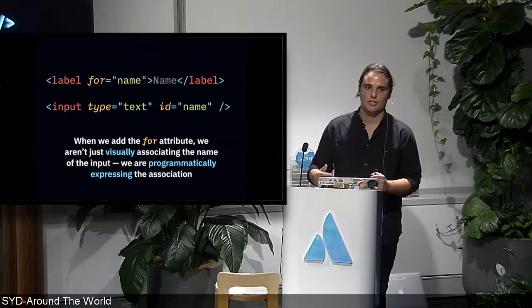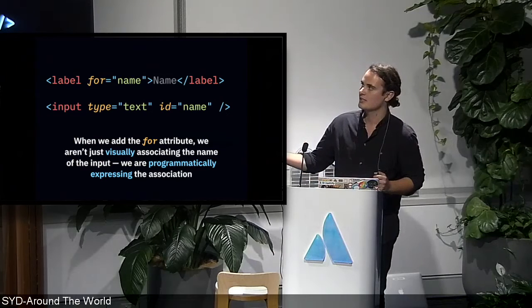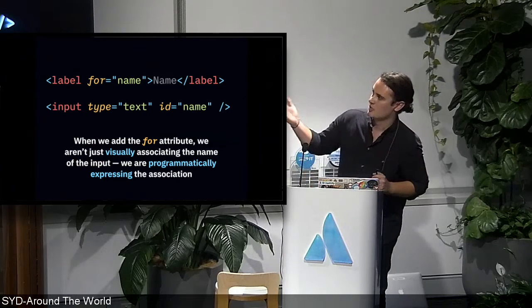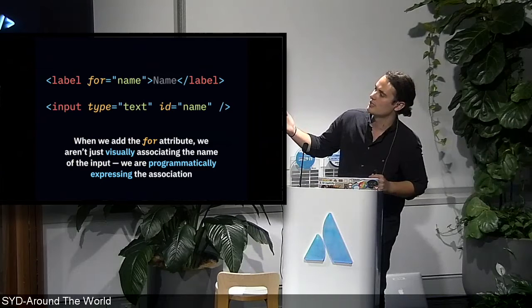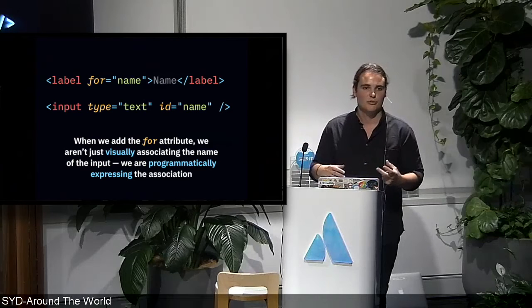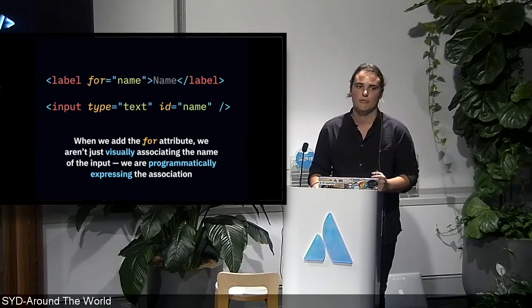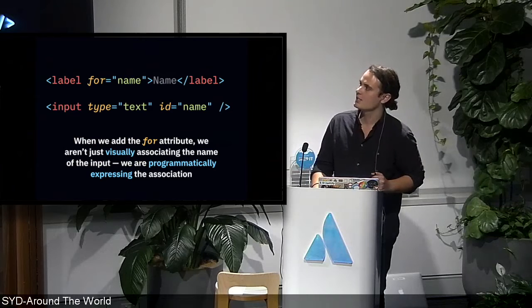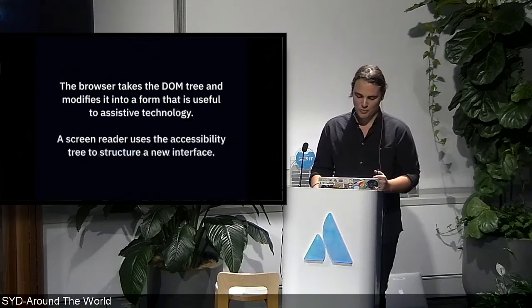And it's actually really easy to do. With that label, all we had to do was add a for attribute. Now, no matter where that form element is picked up and moved around, in a screen reader context it's going to be associated with that input.